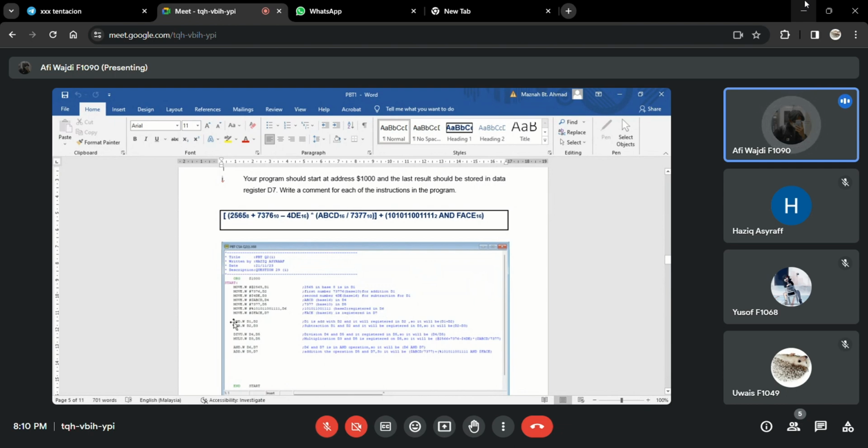Now we are doing the calculation. I will start with add W D1 D2, which means D1 is added with D2 and registered in D2. Next is sub W D2 D3, which means subtraction of D2 and D3, registered in D3.